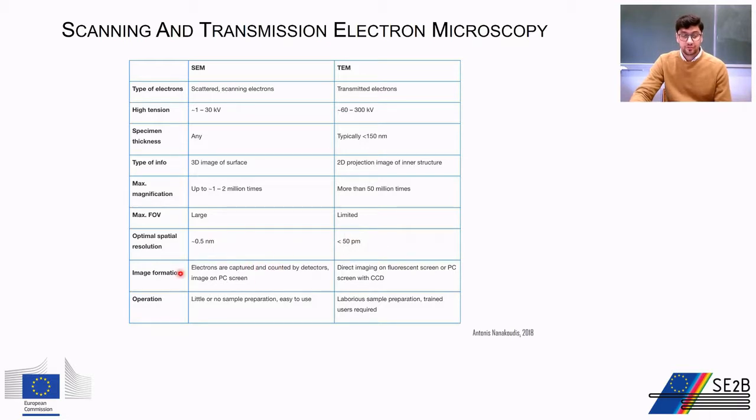In scanning electron microscope, information is obtained through the detector from the electrons which are captured, and in transmission electron microscope, there is a CCD camera which can detect the information stored in the sample. About the operation, scanning electron microscope uses little preparation of sample as compared to transmission electron microscope, which has to be really heavy preparation of sample.